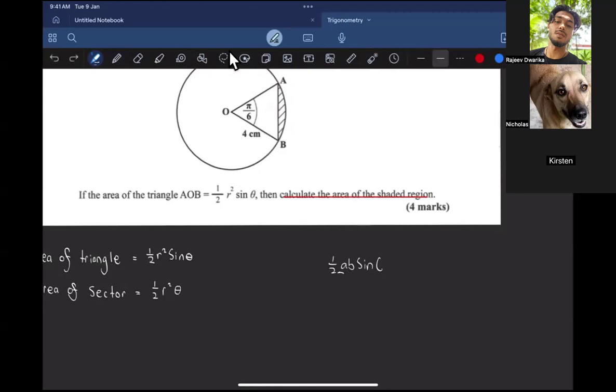Okay, cool. So in this question, a and b are the two sides. And the two sides in this case are what? We know that, 4.